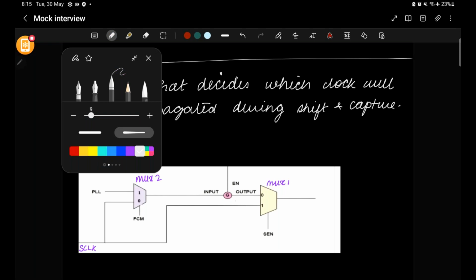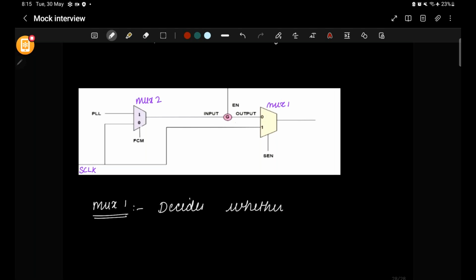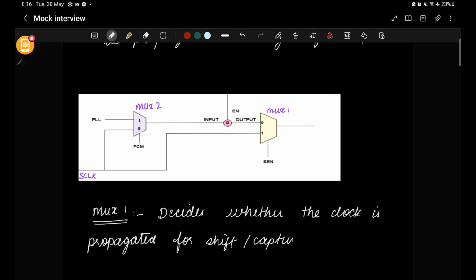So mux1 decides whether the clock is propagated for shift or whether it is propagated for capture.